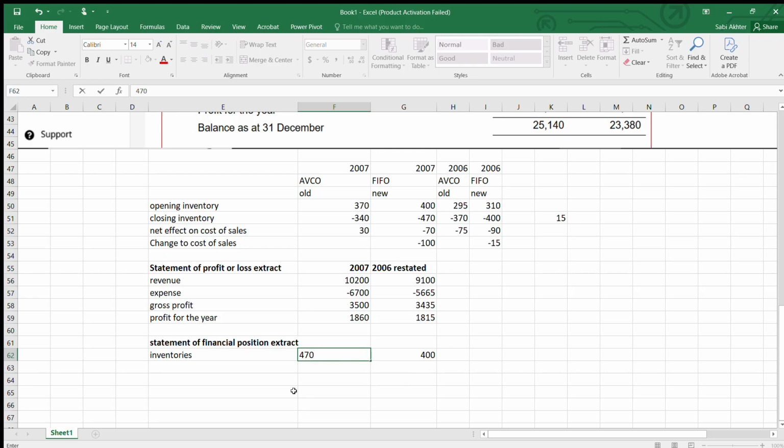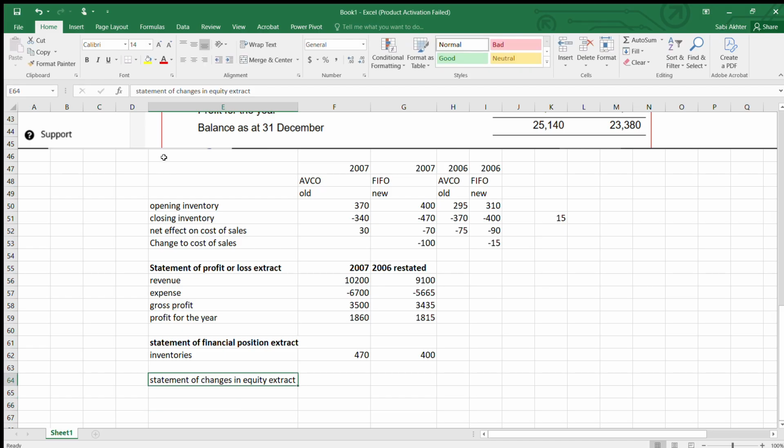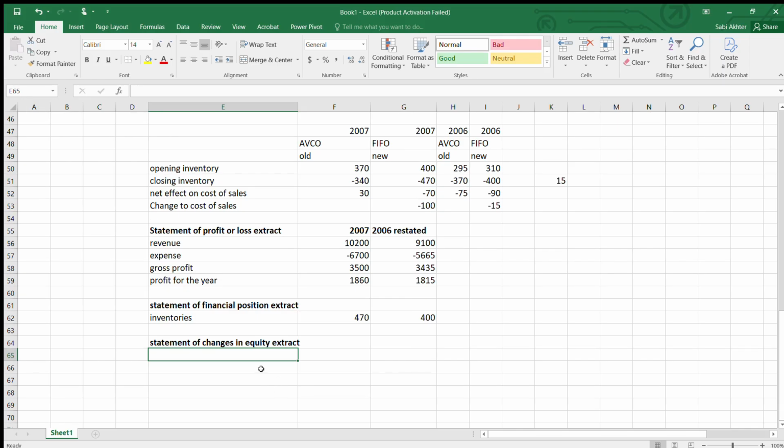Done. Now statement of changes in equity. So now we start with the balance as at 1st Jan.